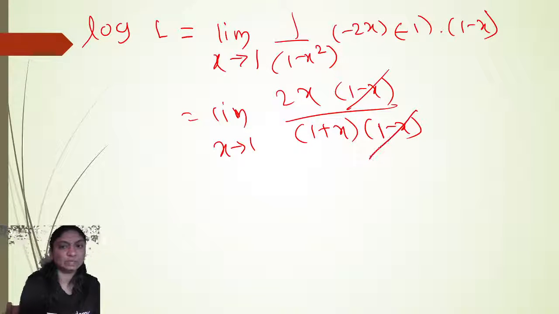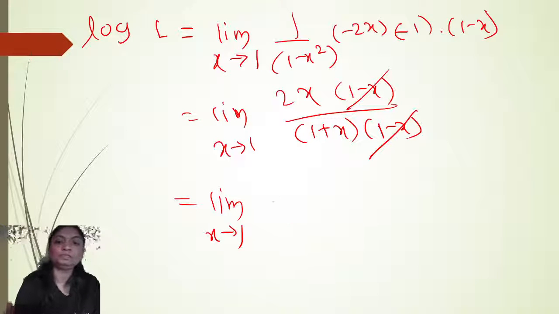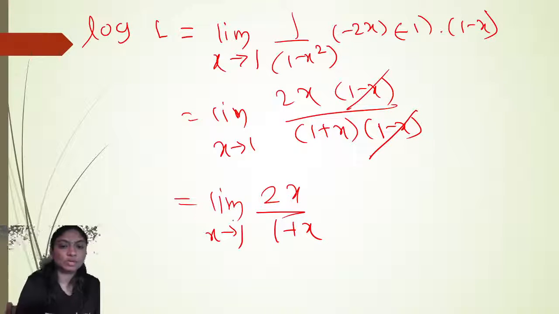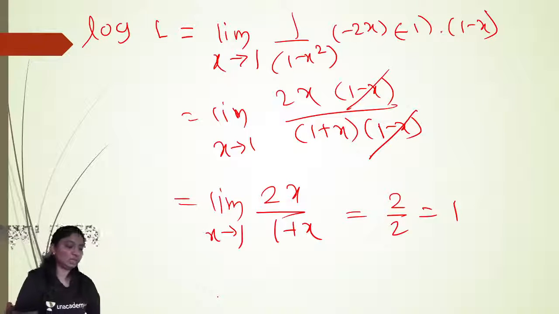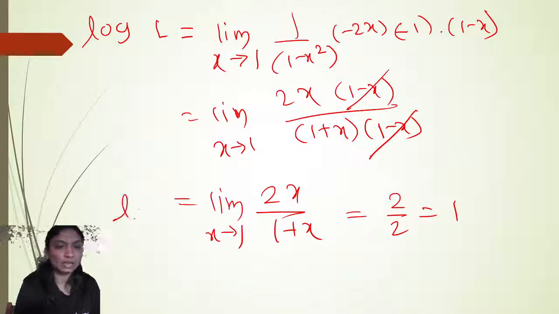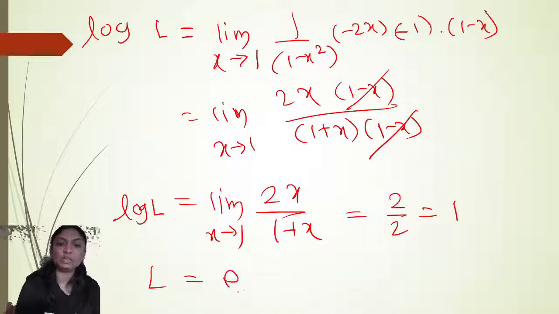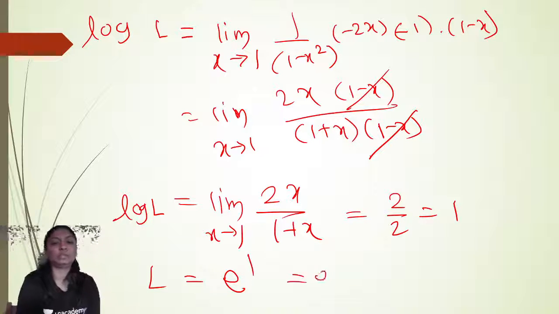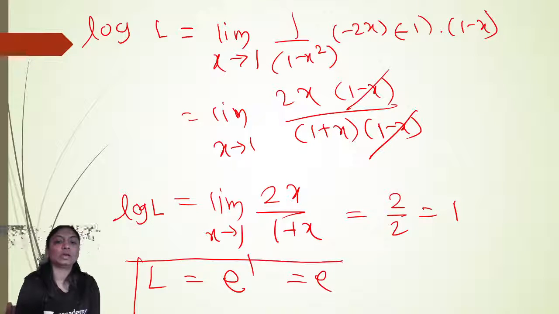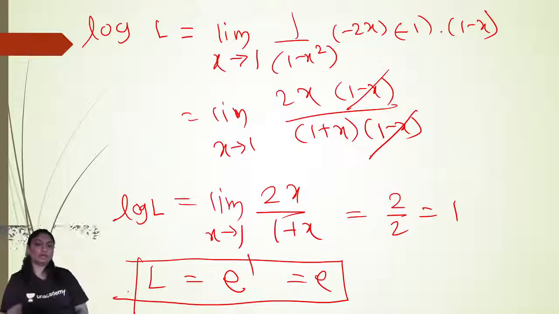So 1 minus x, 1 minus x cancel out. So limit as x tends to 1 of 2x upon 1 plus x, right? So put x tends to 1, 2 upon 2 is equal to 1. So log L is equal to 1. So here L is equal to e raised to 1, equal to e. Hope you are getting it.